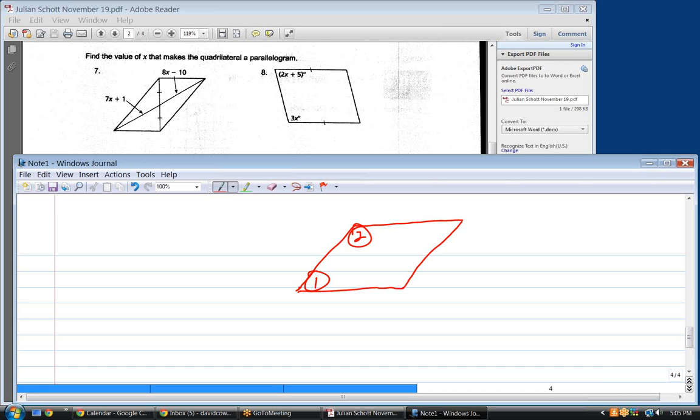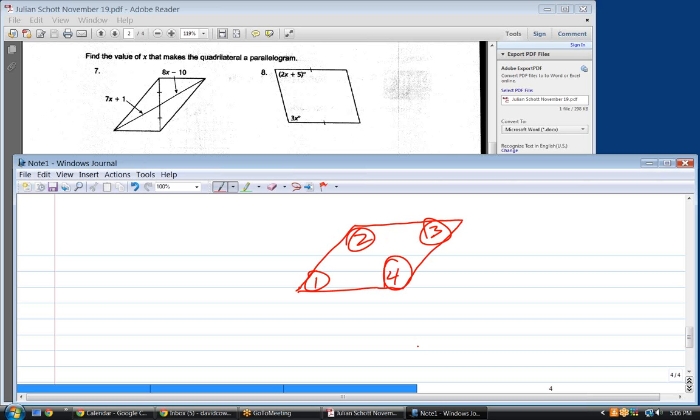No. Okay, let's look again at angle 1 and angle 3. What would be true if that was a parallelogram? Equal. In other words, opposite angles are equal in parallelograms. 1 is equal to 3 and 2 is equal to 4.